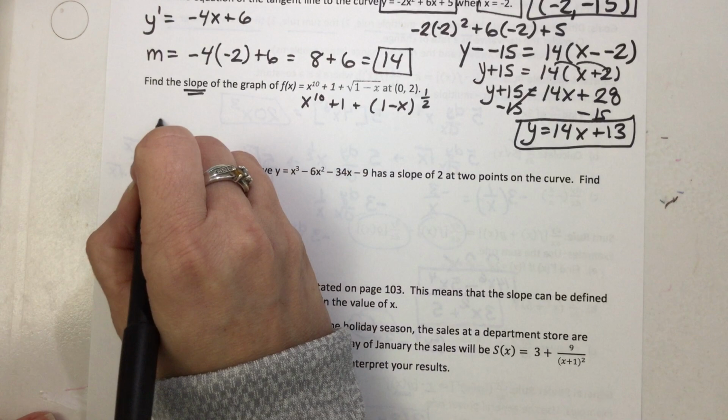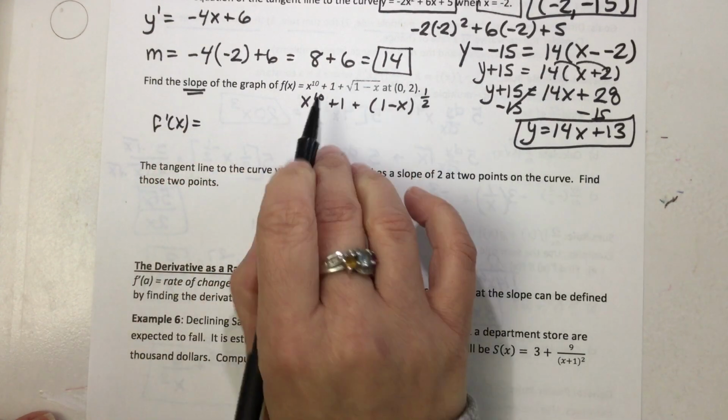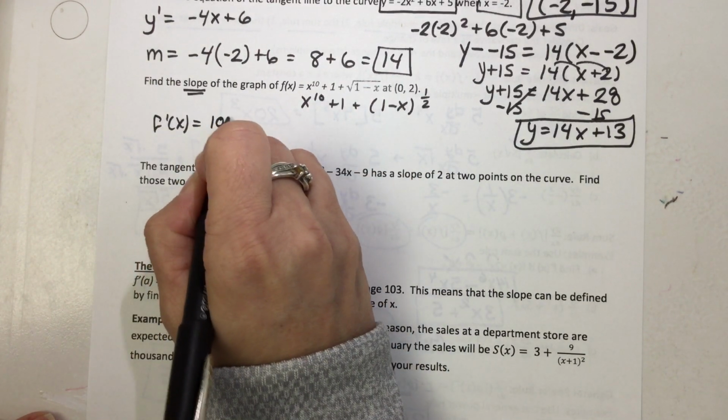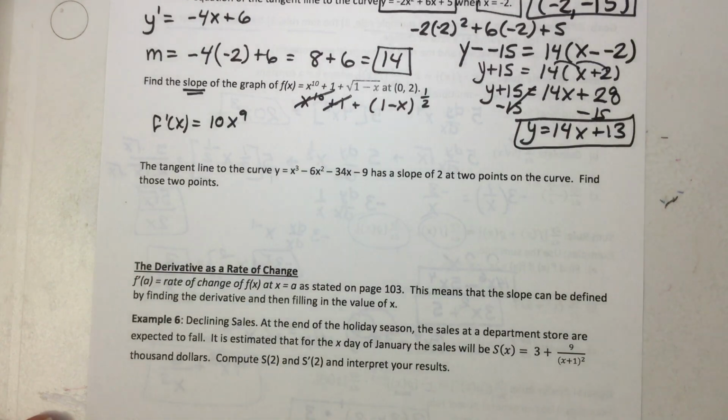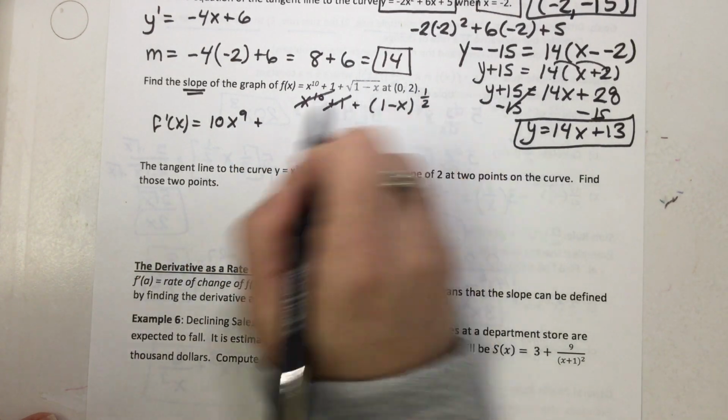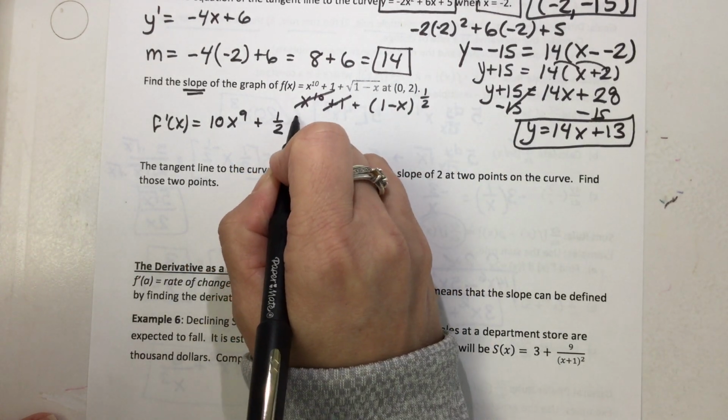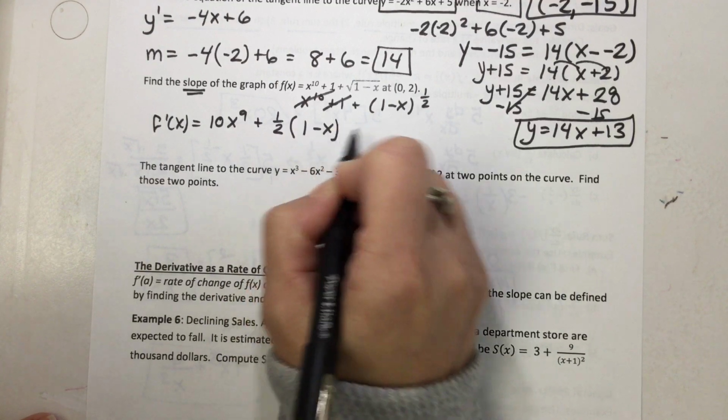So if I am finding the derivative, take the 10 out front. So it's 10x to the power of 9. I got that piece. The derivative of a 1 is 0 because it's a constant. Plus, bring the 1/2 out front times the original, 1 minus x.